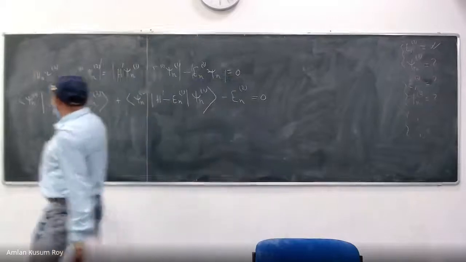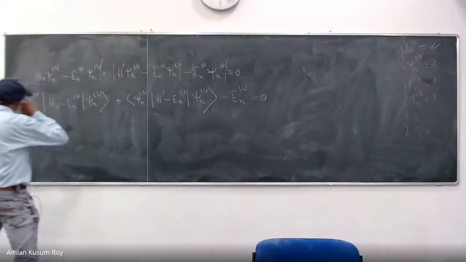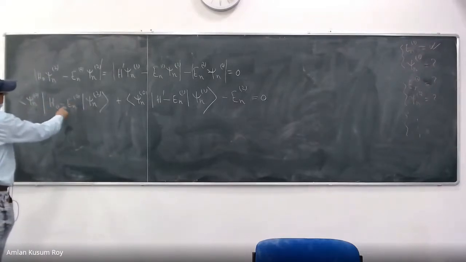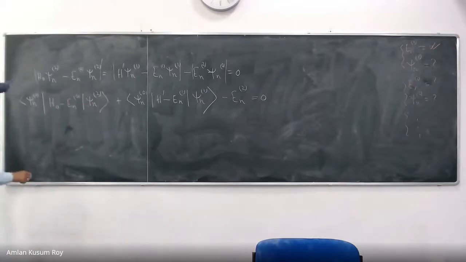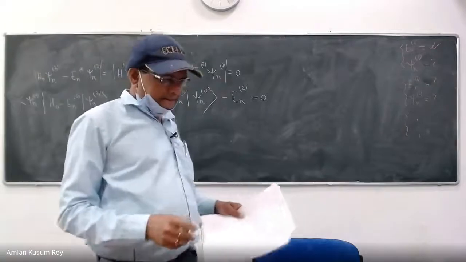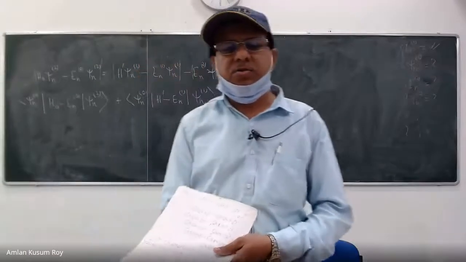Now I have to work out these two terms. Let us see what happens to ⟨ψn0|(H0 − En0)|ψn2⟩. Can somebody tell me what happens to this? You have to follow the pattern a little bit to simplify.